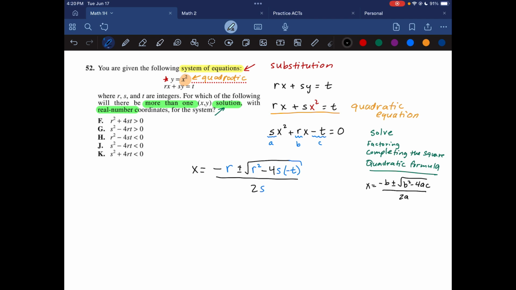So I just substituted the different values for a, b, and c into their correct places in the quadratic formula.